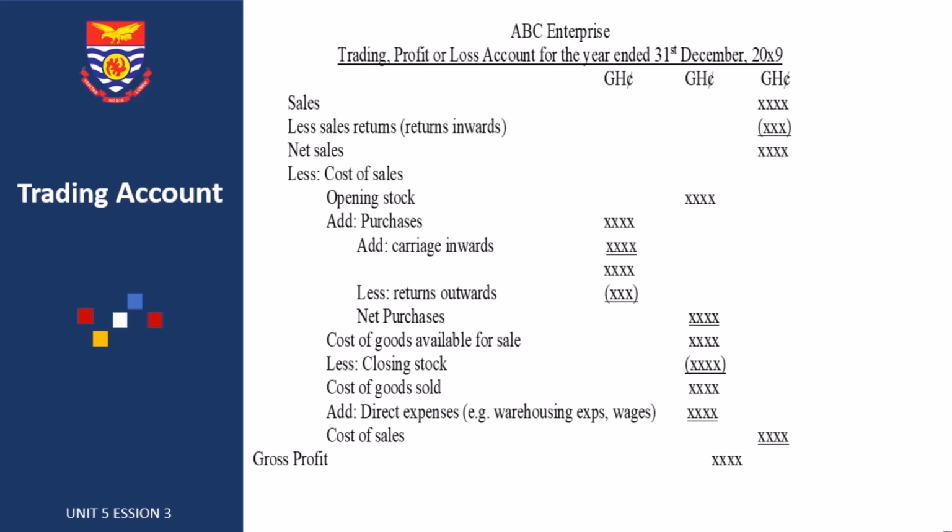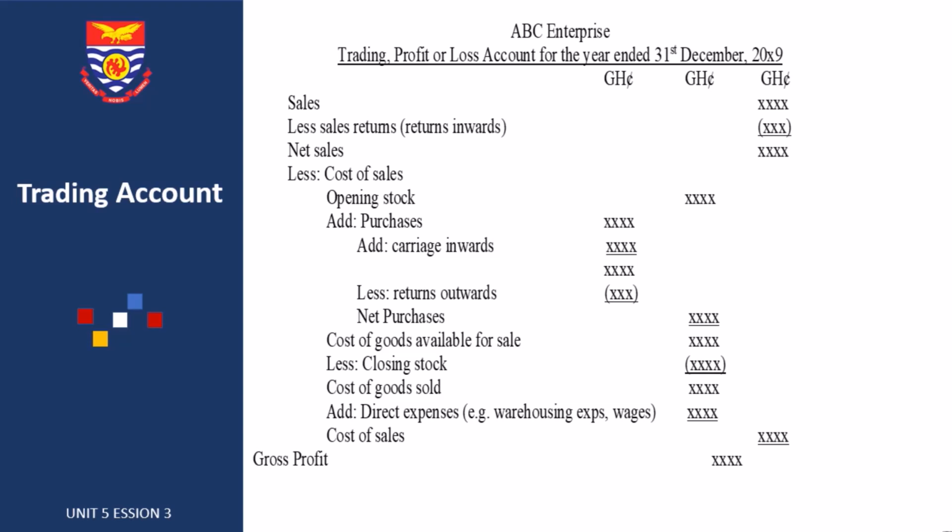We add purchases and add carriage inwards. So the purchases and the carriage inwards less the purchases returns or return outwards is giving us the net purchases. The net purchases is then added to the opening inventory to arrive at the cost of goods available for sale.